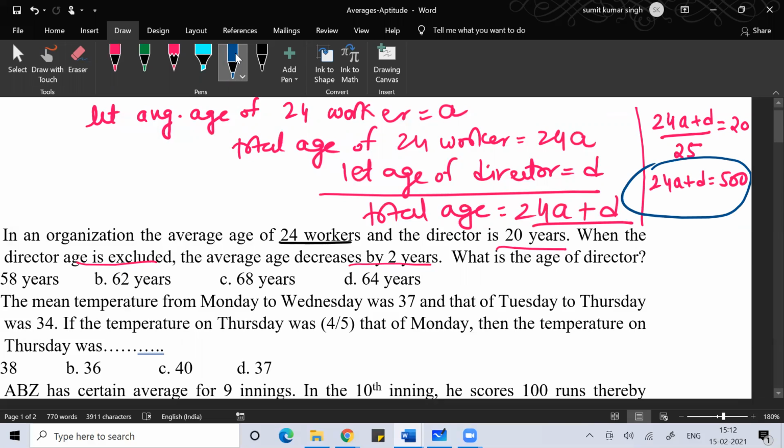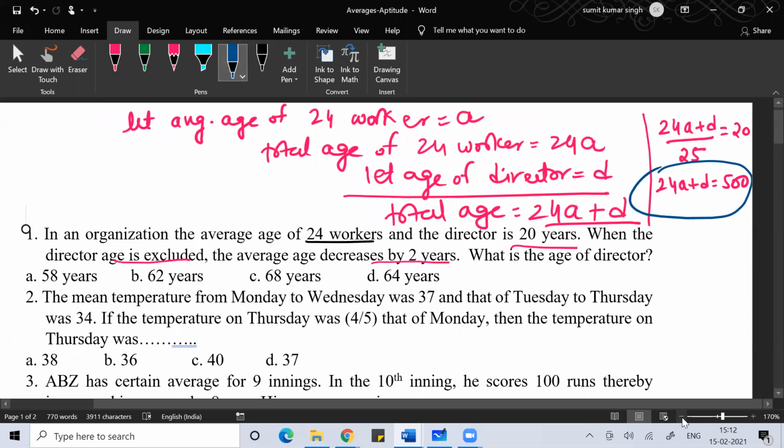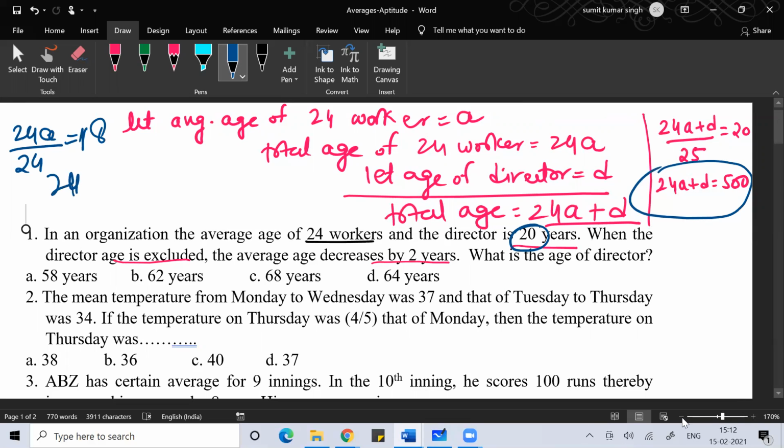Then it is mentioned in the question that when the director's age is excluded, the average decreases by 2. So if you remove the director's age, without the director, the total age is 24A, divided by 24 persons. The average earlier was 20, now the average becomes 18.